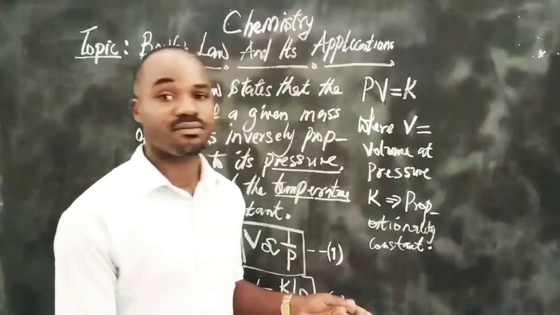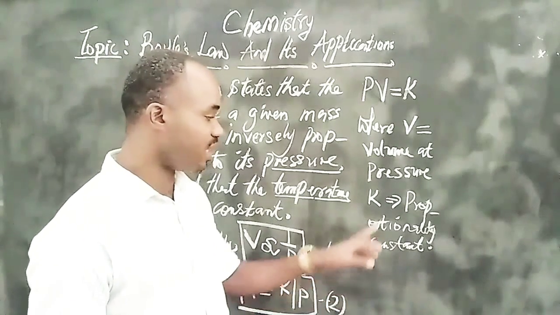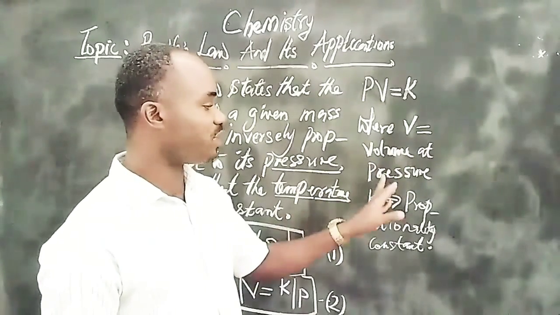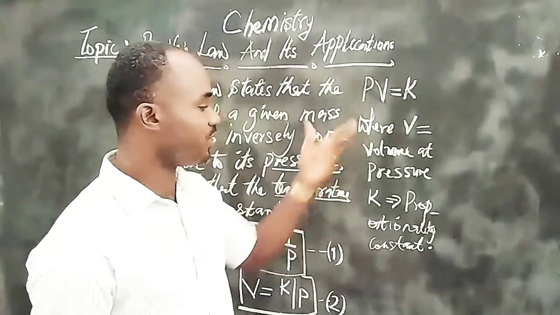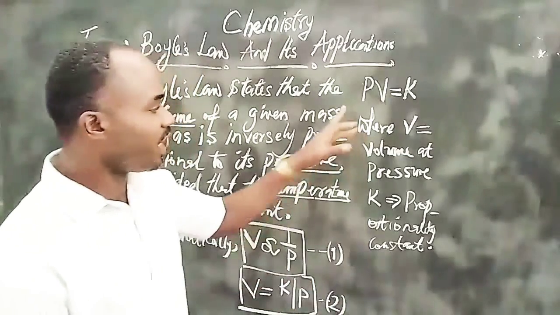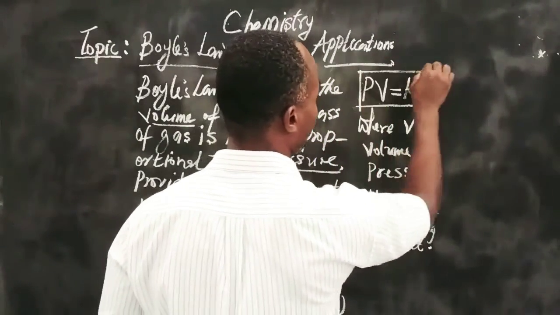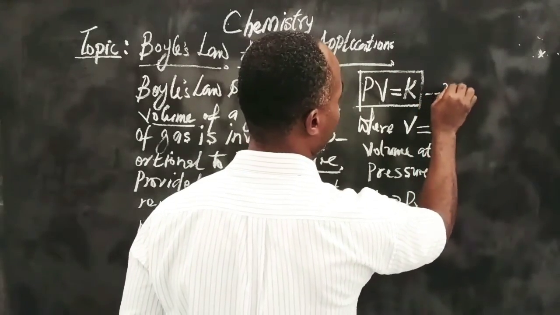Either you call it constant of proportionality or proportionality constant. That's the meaning of K. V is volume at pressure P, then K, proportionality constant. From there we can call this relation 3.